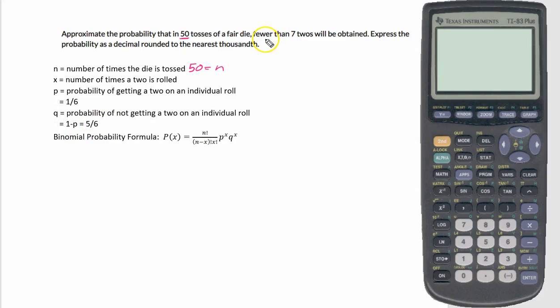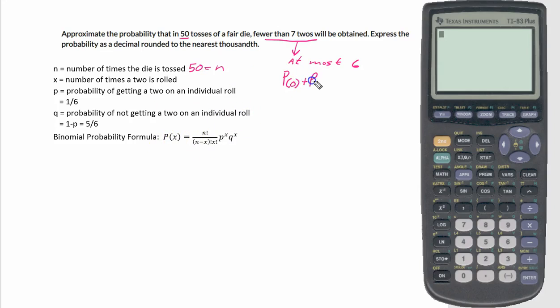So if I was going to solve this directly, fewer than 7 2s means at most 6. Fewer than 7, so it can't be 7. You have to be able to see that. So directly, the answer would be the probability that you get no 2s, so x would be 0, and you plug all these numbers into this formula.